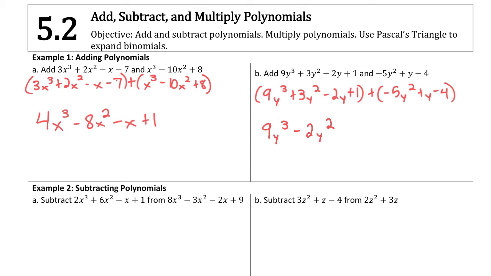Negative 2y plus y, negative 1y or negative y. 1 and negative 4, 1 plus negative 4 is negative 3. So pretty straightforward with addition.